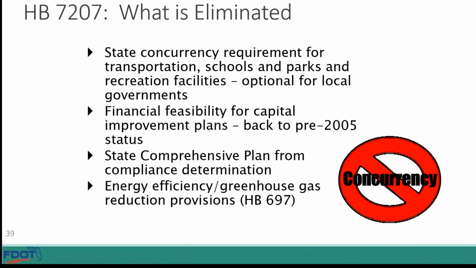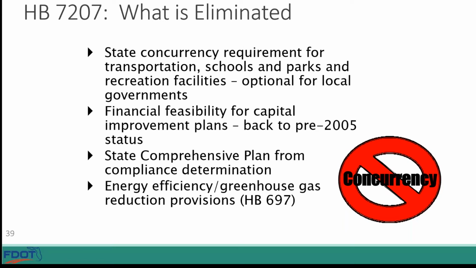House Bill 7207 significantly impacted Chapter 163, Part 2, Florida Statutes, which governs the statewide implementation of growth management. Impacts include the elimination of mandatory statewide concurrency for transportation, school, and recreational areas, making them now optional for local governments.